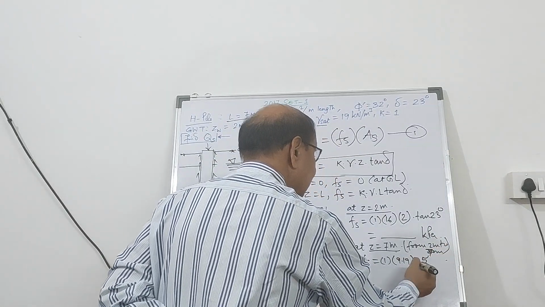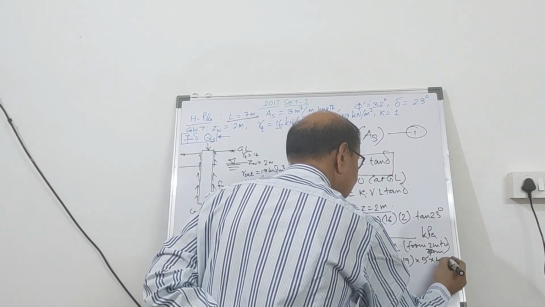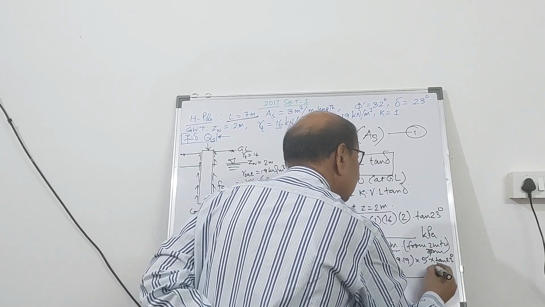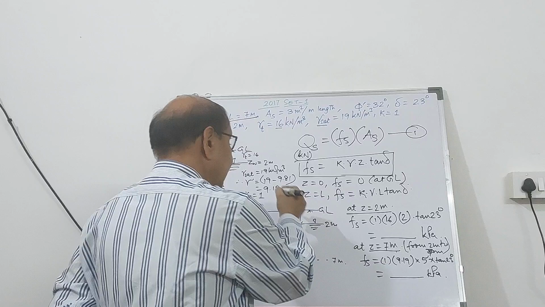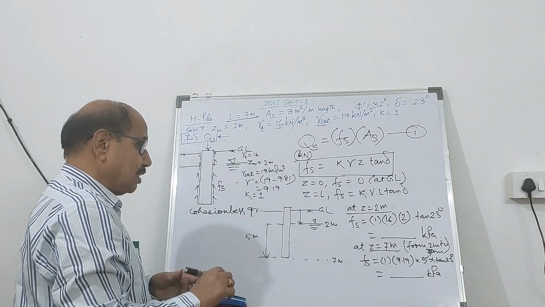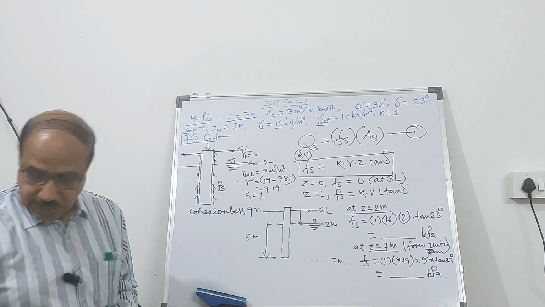That is net, it is going to be 5 meter into tan 23 degree. This you can calculate in kilopascal, and then you can plot the variation of Fs over the pile's length. So let us calculate.